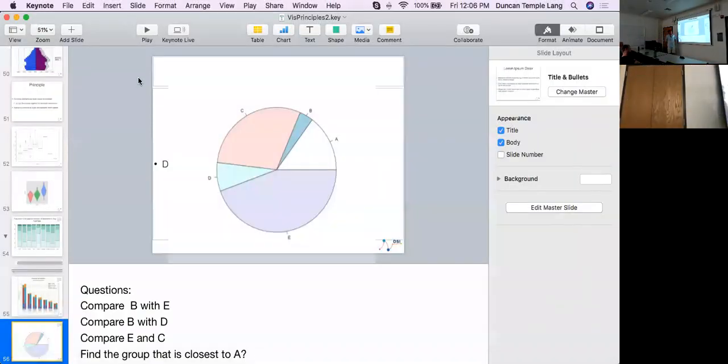Compare B with E. Configuration. 1 to 8? 1 to 20? That's a long difference.